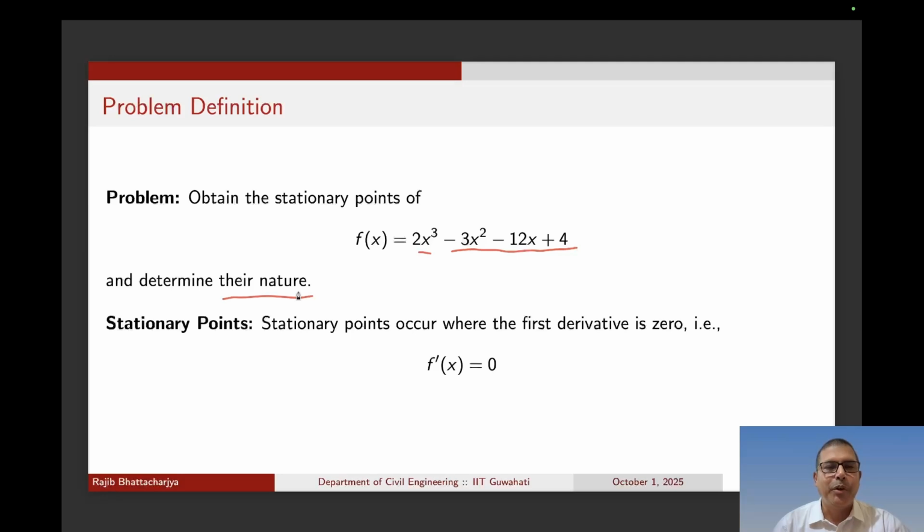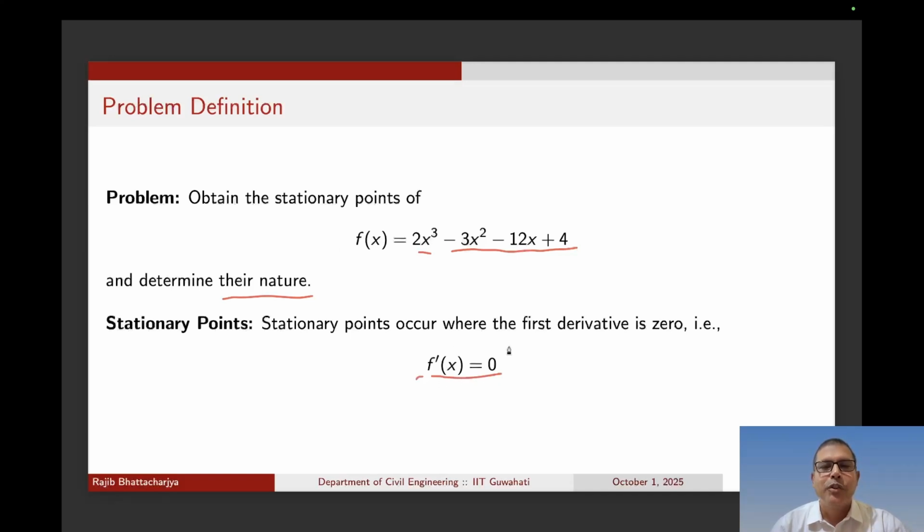Now, what are stationary points? The stationary points can be obtained by applying the necessary condition for optimality. So what is the necessary condition for optimality? The necessary condition for optimality is that the first derivative is 0.